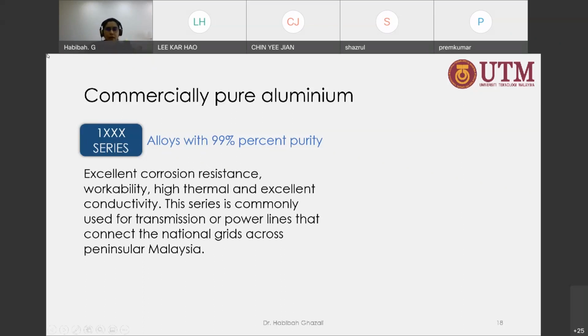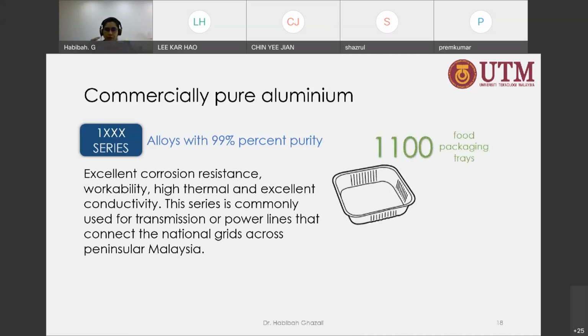So with this alloy, they are very excellent in terms of their corrosion resistance, their formability, the ability to be shaped into different shapes. They have high thermal and excellent conductivity because of that valence electron.